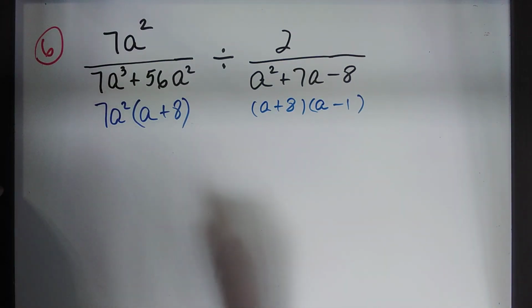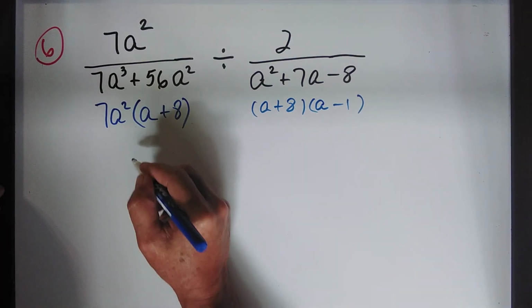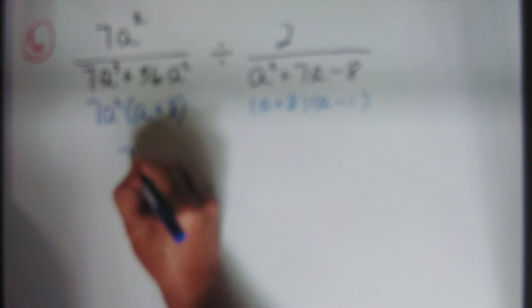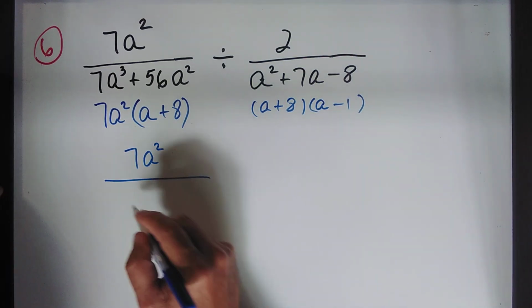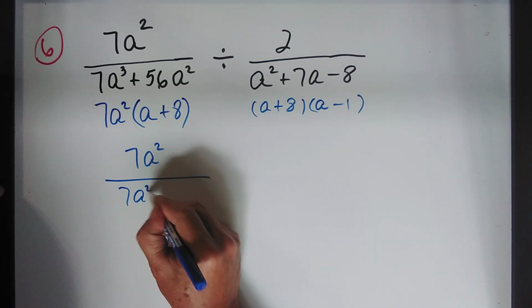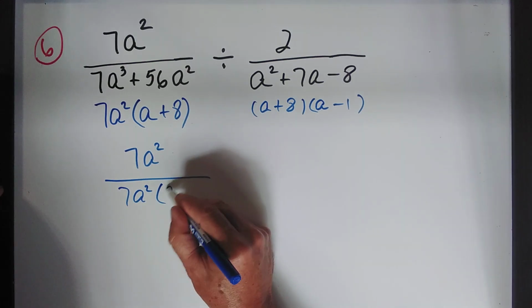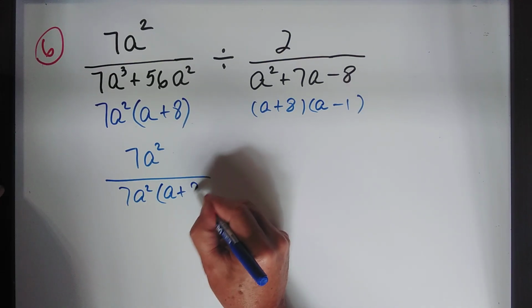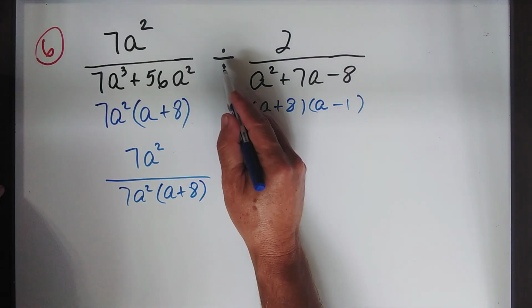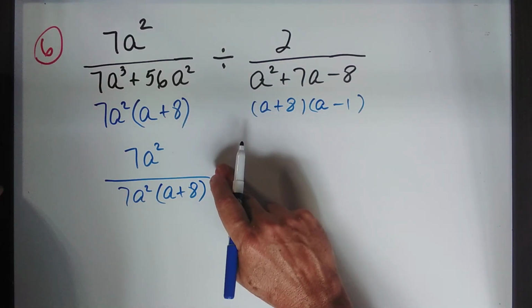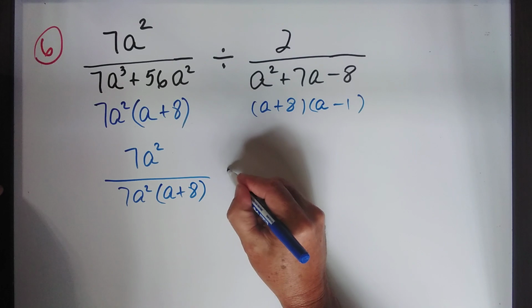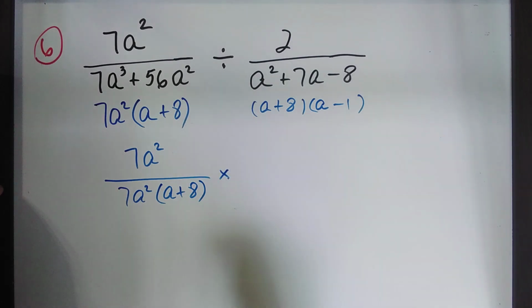So now I'm going to flip it. This one you have to rewrite the same way it is right there. 7a to the second over 7a to the second times a plus 8. Now you have to change that to times. You could put an x. Either one is right. Let's put an x for now, since I don't have an x variable.